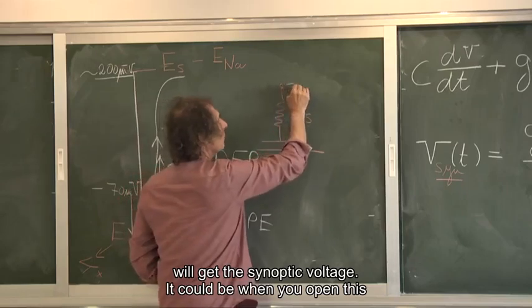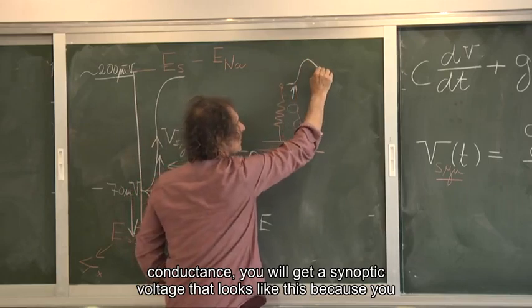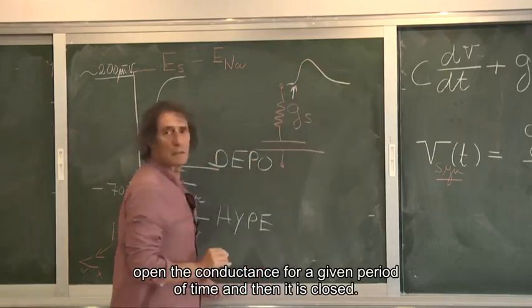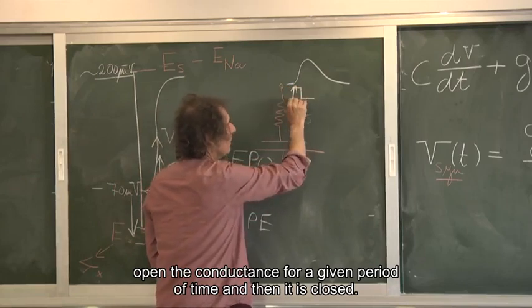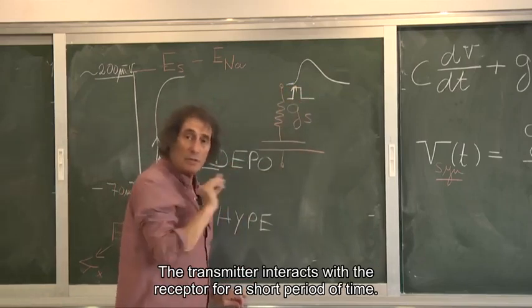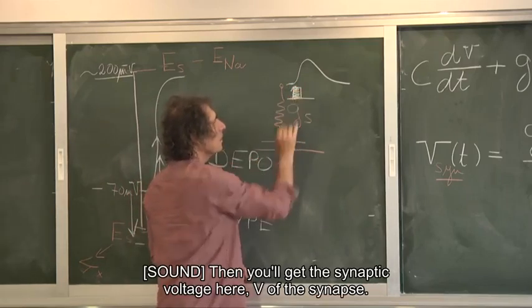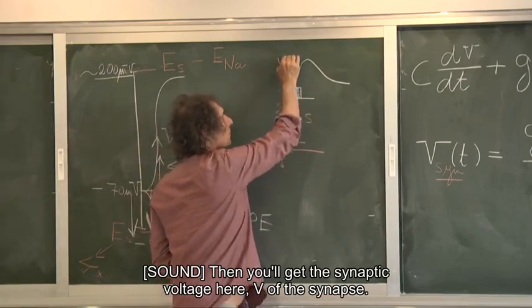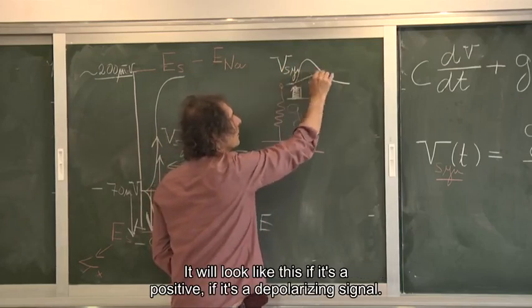When you open this conductance, you will get a synaptic voltage that looks like this, because you open the conductance for a given period of time and then it is closed. The transmitter interacts with the receptor for a short period of time. Then you'll get the synaptic voltage here, V of the synapse. It will look like this.